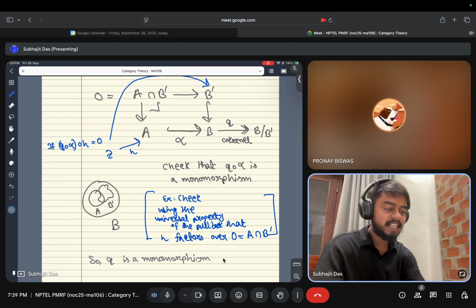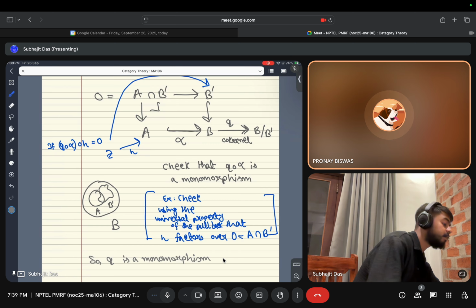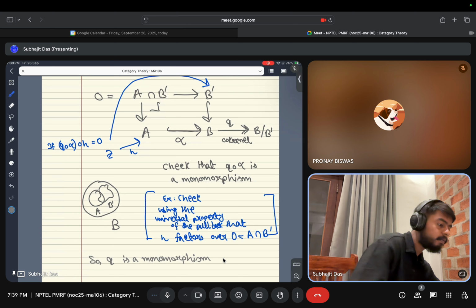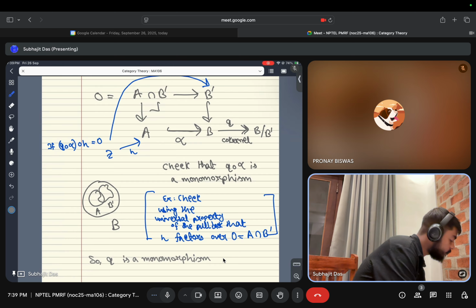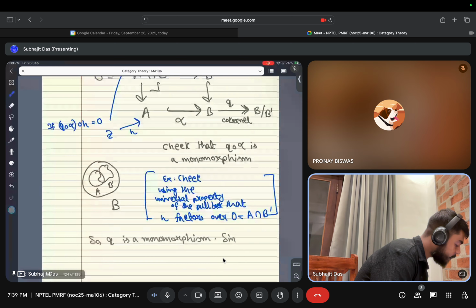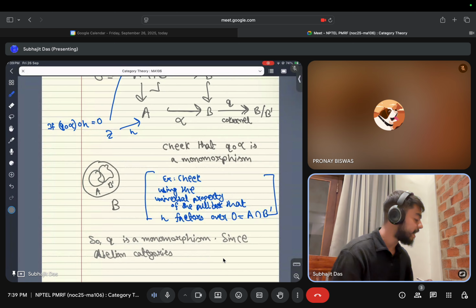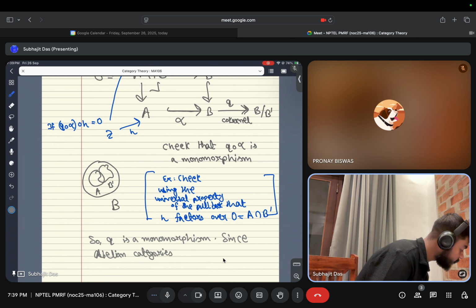Since abelian categories are balanced, and by a balanced category we quickly recall that it is exactly a category in which a morphism which is both a monomorphism as well as an epimorphism is an isomorphism.